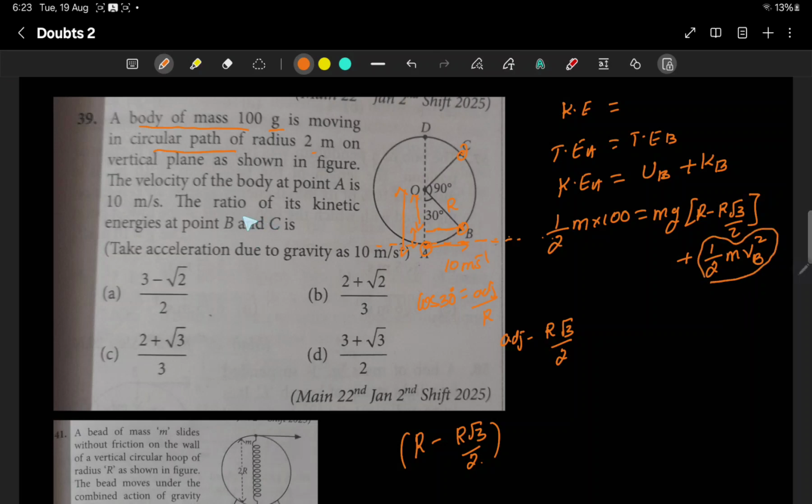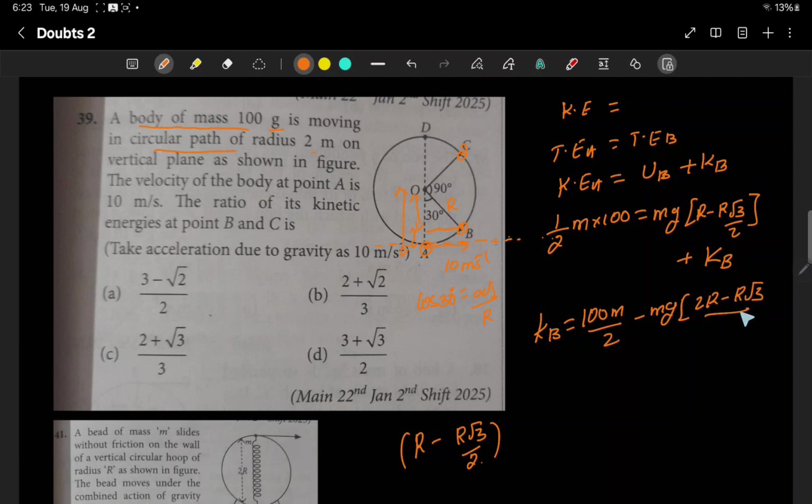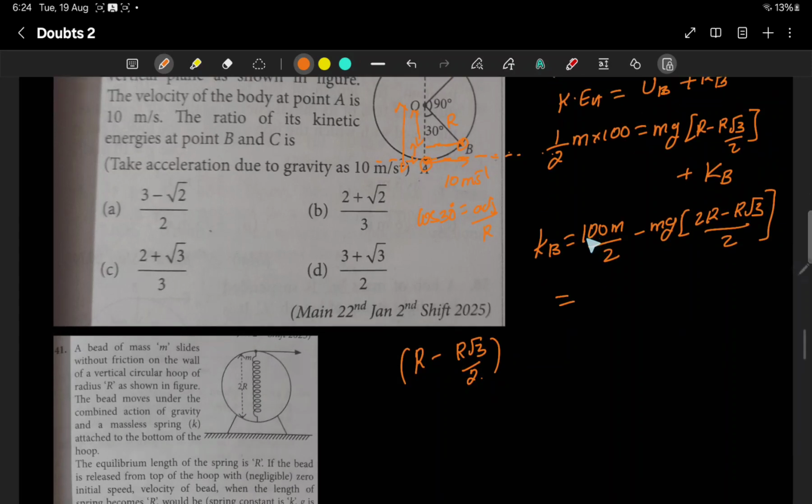Because they are asking the ratio of the kinetic energies, we can keep it as kinetic energy at B. If we solve this, kinetic energy at B is 100 m by 2 minus mg into 2r minus r root 3 by 2. I think I can cancel all the m, so that m will be eliminated.